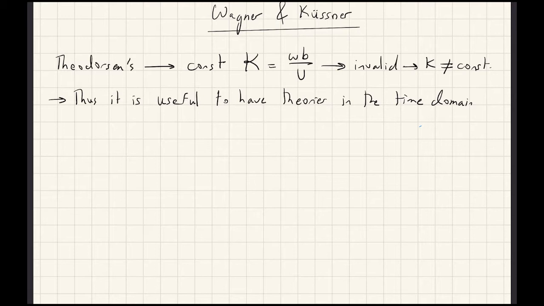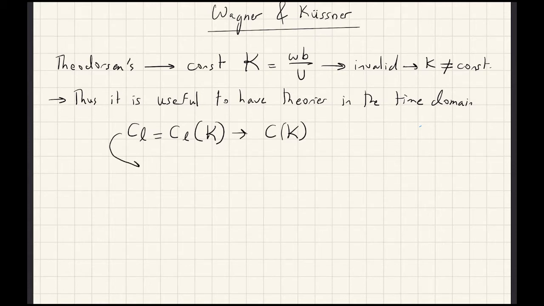Now remember that in Theodorsen, lift was actually a function of the reduced frequency k, because the Theodorsen function was a function of the reduced frequency.